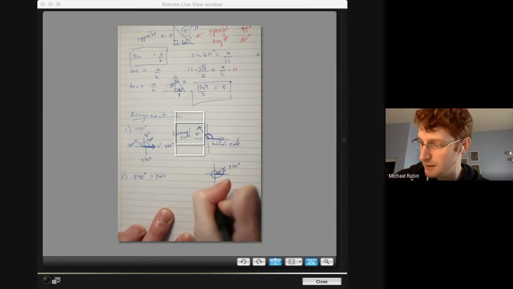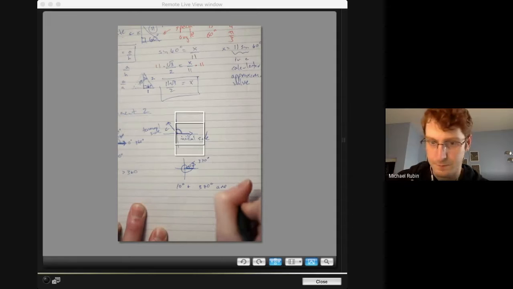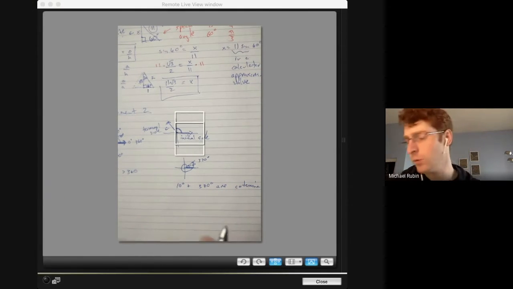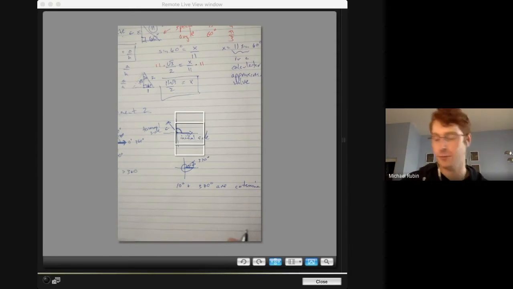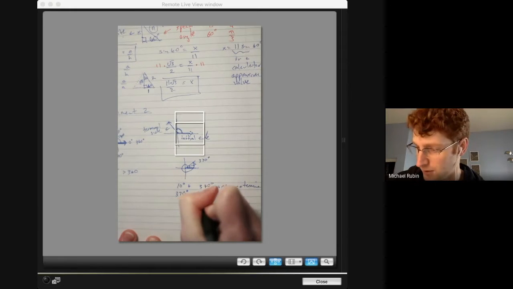So 10 degrees and 370 degrees are coterminal. One way you can find a coterminal angle, especially if it's positive, is to take the angle, like 370, and subtract 360.